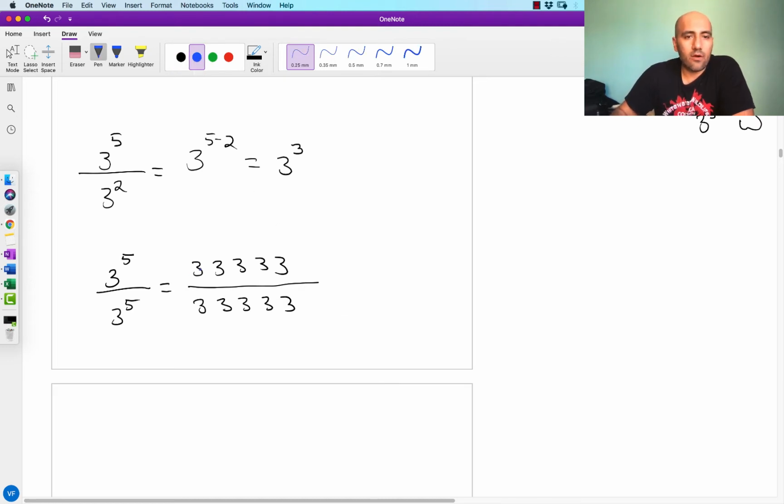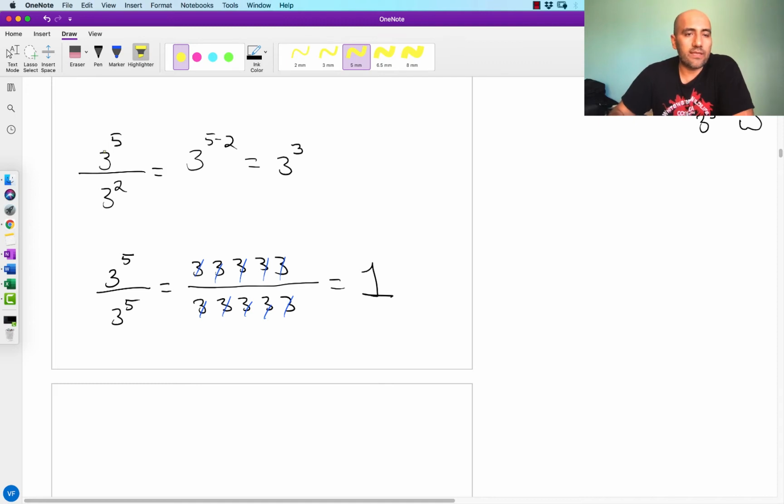And then they all cancel, right? 3 over 3, 3 over 3, 3 over 3. They're all different forms of 1. So I know this must be equal to 1. Well, you didn't even have to do this step here. Whenever we have a fraction and the numerator and denominator are identical, they reduce and give you a 1, right? So we're convinced that this has to be equal to 1. But at the same time, we want this little rule to work, right?